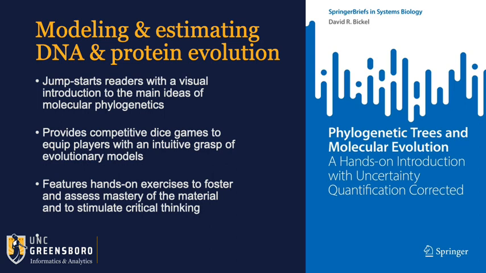So the first textbook I want to summarize is Phylogenetic Trees and Molecular Evolution, Hands-on Introduction with Uncertainty Quantification Corrected. And this one jumpstarts readers with a visual introduction to the main ideas of molecular phylogenetics.